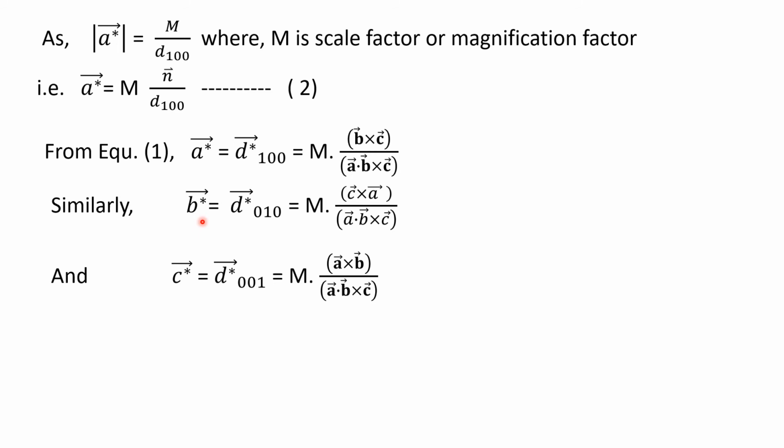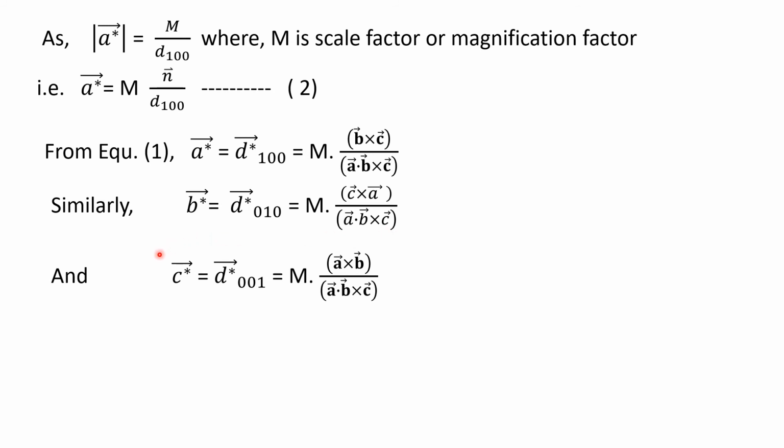In the same manner, if we choose another plane, that plane is perpendicular to the b axis, we draw normal to that plane. That normal along the b axis we call b star or d star 010. That equals m times the base area divided by volume of the unit cell, which is c cross a divided by a dot b cross c.